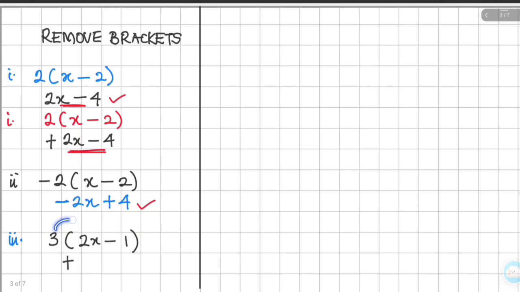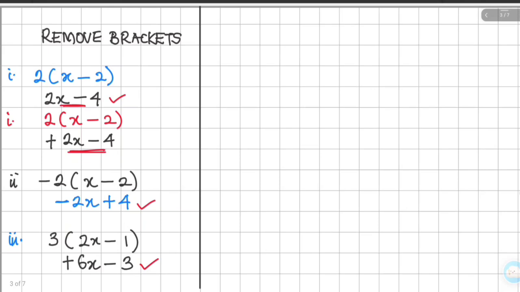Then 3 times 2 gives us 6, and we put our x. Again, plus is multiplying this minus, and plus times minus is minus. Finally, 3 times 1 is 3. So this is the expansion of 3 into the bracket of 2x minus 1.